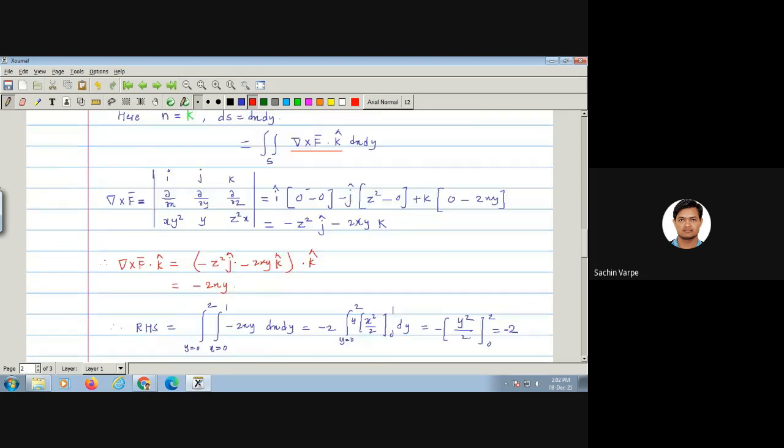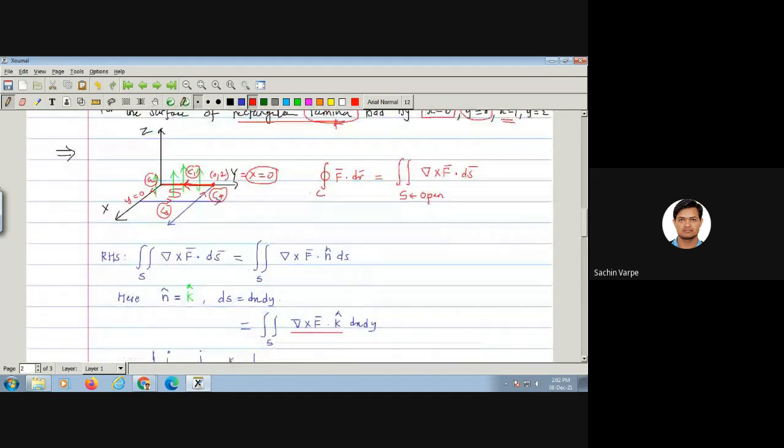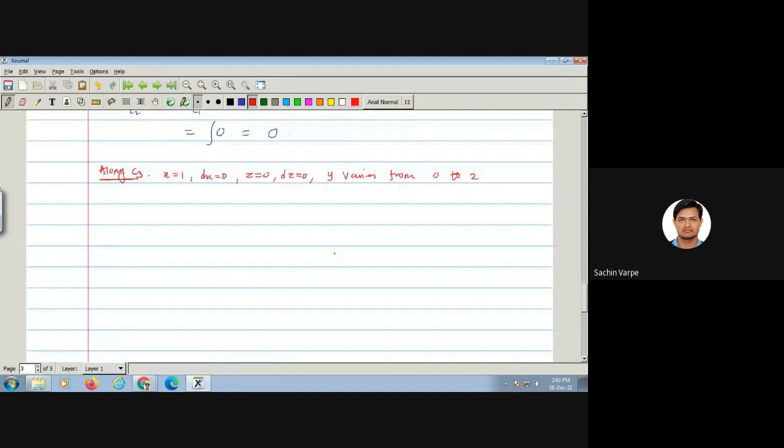So along C3, x is equal to 1, dx is equal to 0, z equal to 0, dz equal to 0, and y varies from where to where? From 0 to 2. The y coordinate varies from 0 to 2, from this point to this point on C3. Is this clear? So substitute and get the value of the integration.